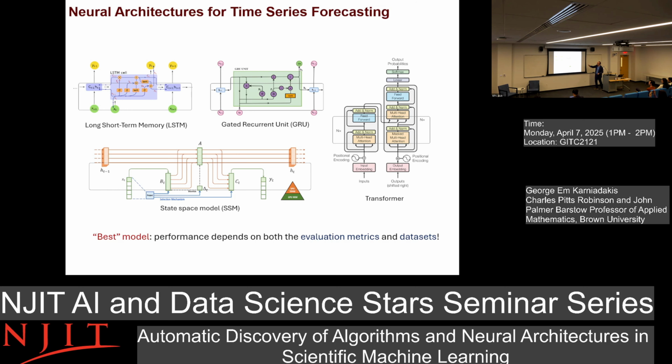GRU is a simplified version of that, has 2 gates less than the LSTM, and it's also faster. And turns out it's really, really robust architecture. But then transformers came along for ChatGPT, and then people found that forecasting time series, especially for phenomena that are non-local, transformers are very good. But they're expensive. You take long sequence, long time integration.